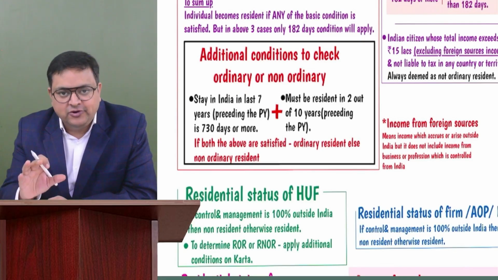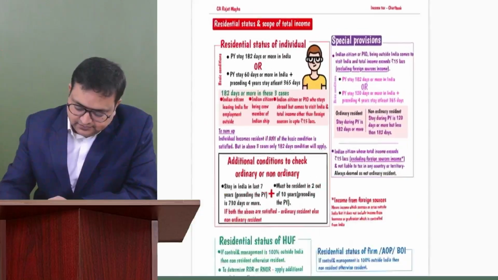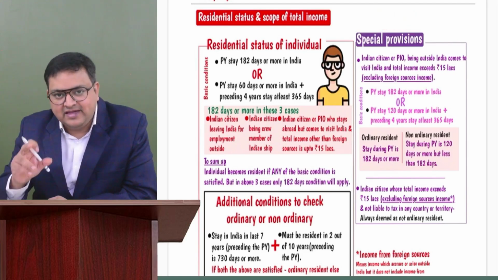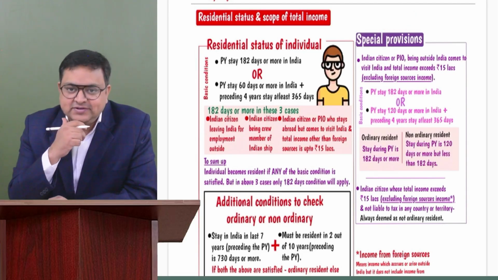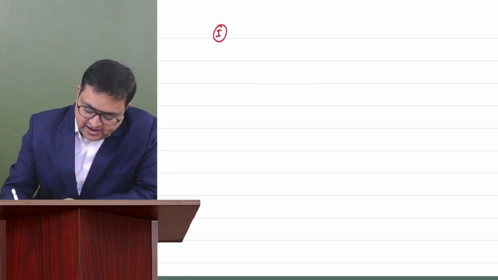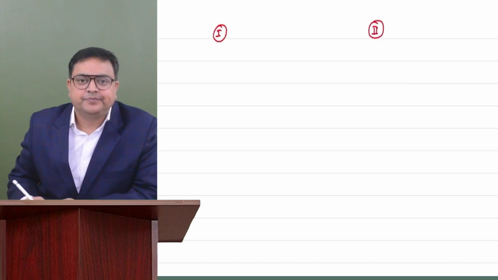Got it? Able to recall this? Now, a very, very important point, and there is a 70-80% chance that the examiner will ask you about these special provisions. What are these special provisions? We have special provision number 1, and special provision number 2.